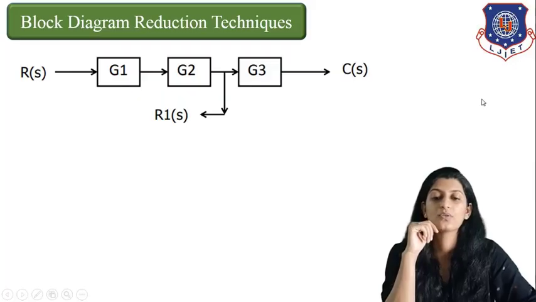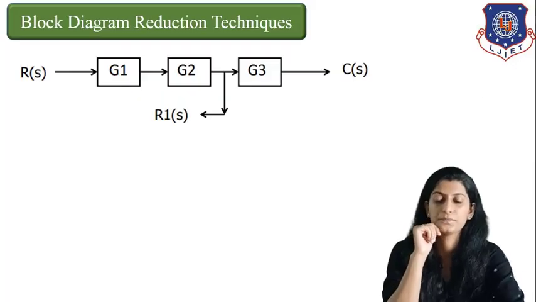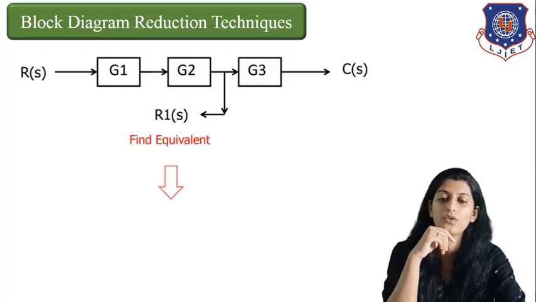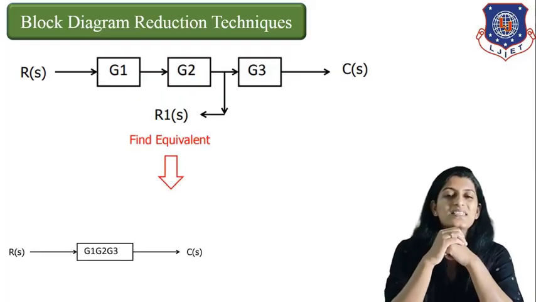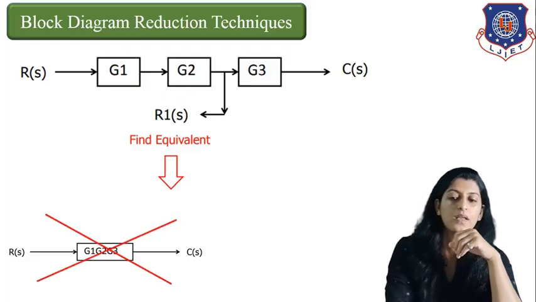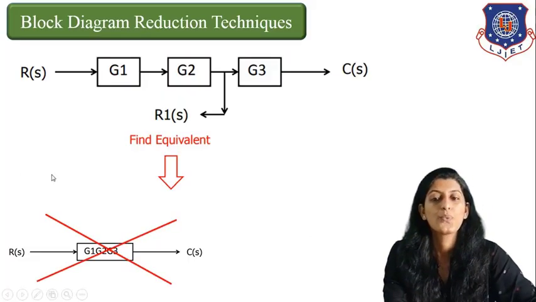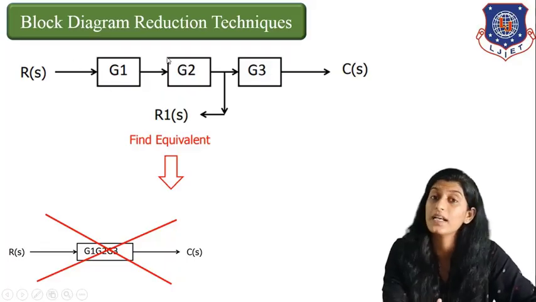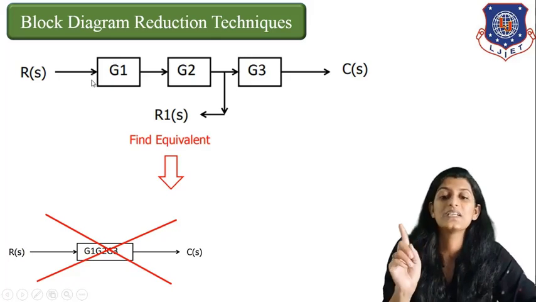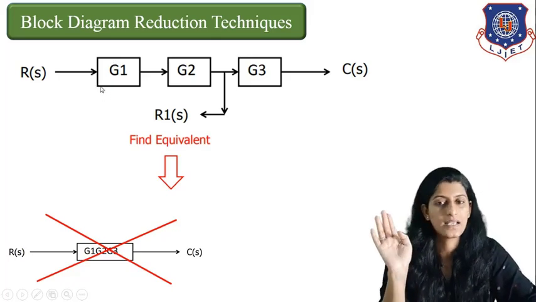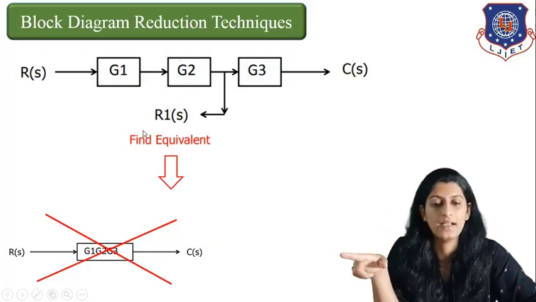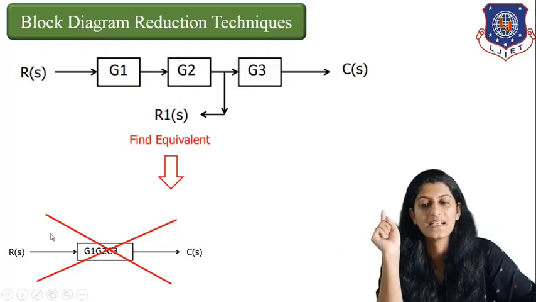How will you reduce this? Is it equivalent to G1 into G2 into G3? No, this is wrong. We can only do G1 into G2 because G1 and G2 are connected in series. The output of G2 is then subdivided, so we cannot write it like this.